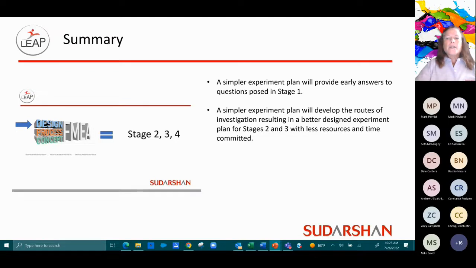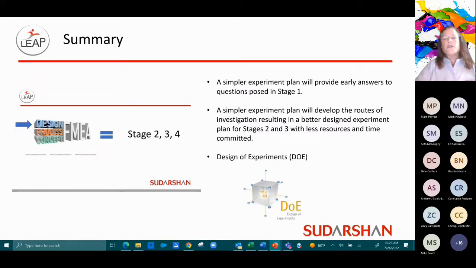It also allows us to create better designed experimental plans for further stage 2 and 3 experiments, which will reduce the amount of resources required as well as time, because we have a good clue as to where to go from these very simple experiments.